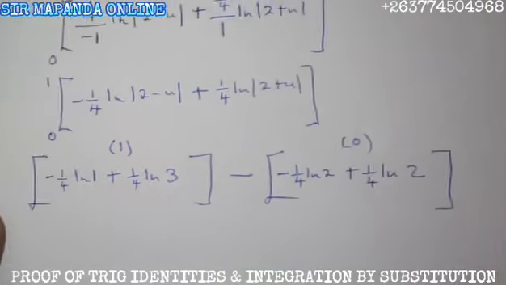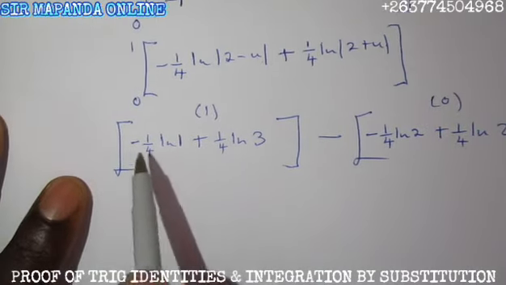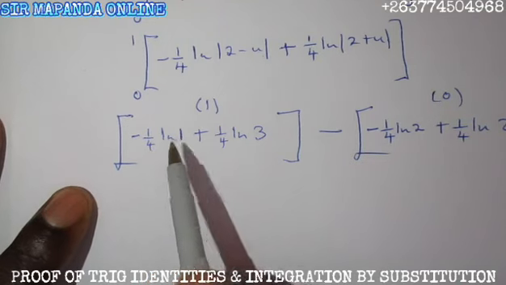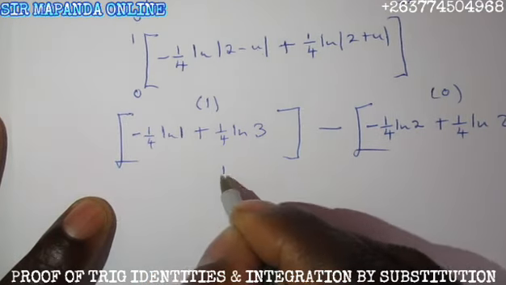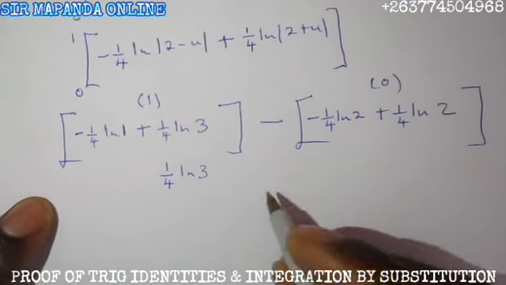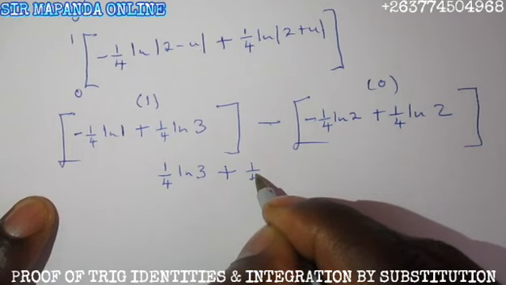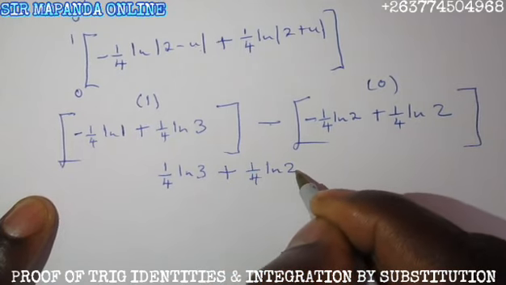Something like this. So remember, ln 1 is 0. Since ln 1 is 0, minus 1/4 ln 1 is going to disappear. In the first bracket, we will be left with 1/4 ln 3. Minus times minus, you get plus 1/4 ln 2.